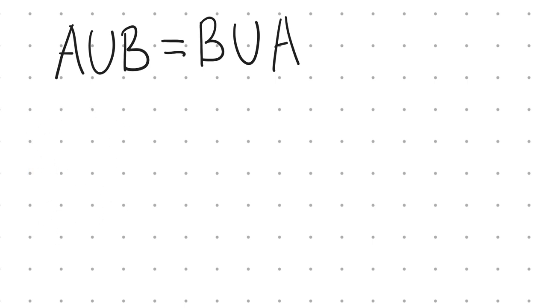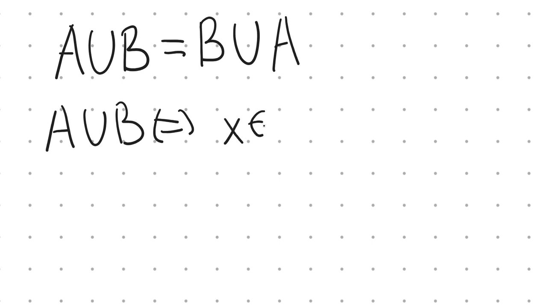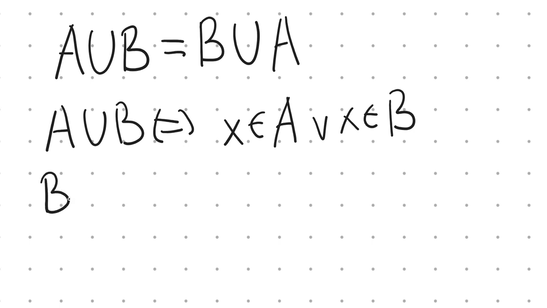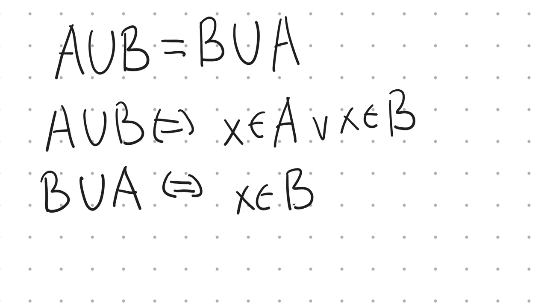Today I would like to prove this to you guys. Now, A union with B is equivalent to saying that X is in A or X is in B. And B in union with A is equivalent to saying that X is in B or X is in A. Now, if X is in either A or B, let's say X is in A, then this statement will be true and this statement will be false.